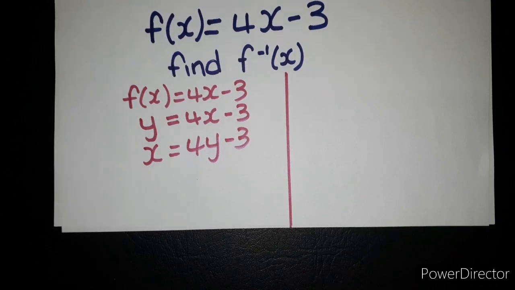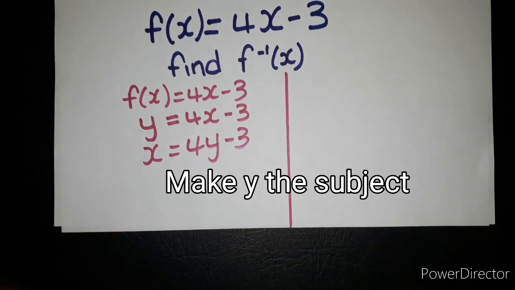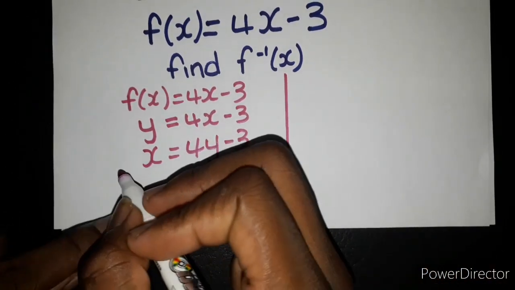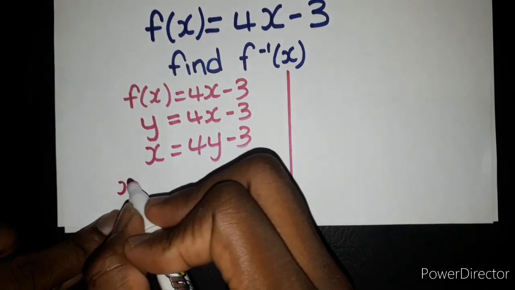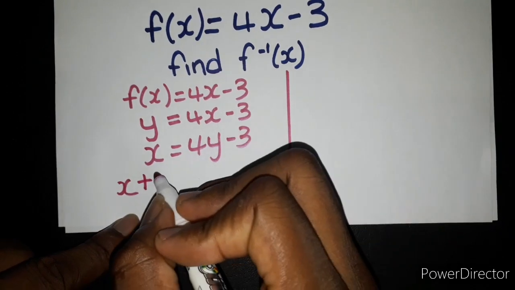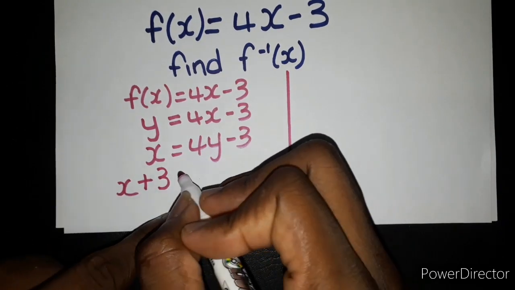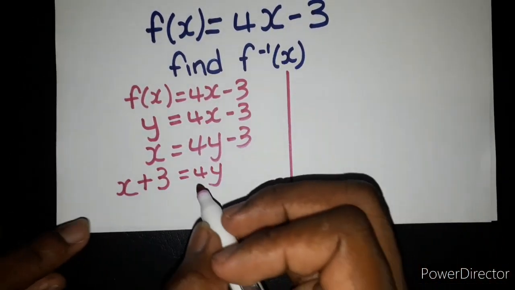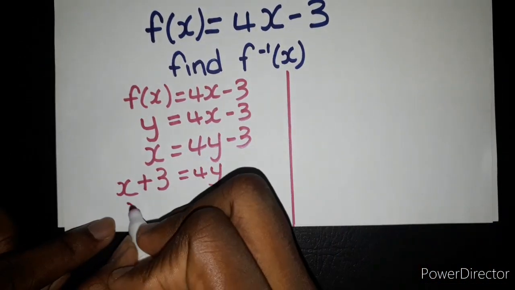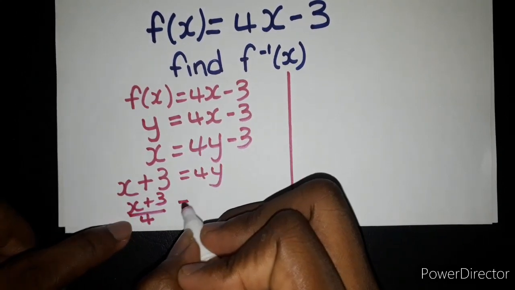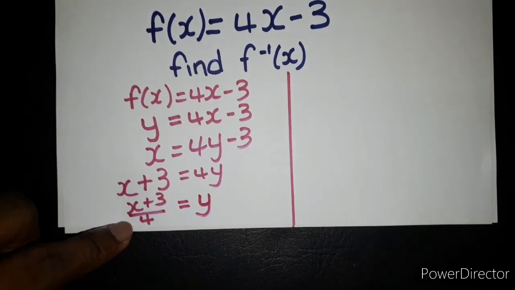And after you finish that, we move on to the second to last step, where we make y the subject of the formula. So this is going to be x. This 3 is subtracting everything, so we take it over to add: x plus 3 is equal to 4y. Then the 4 is multiplying that y, and we take it over to divide. x plus 3 divided by 4 is equal to y.